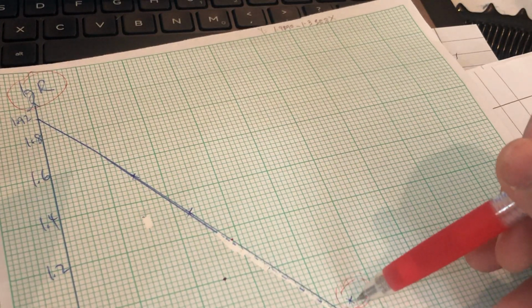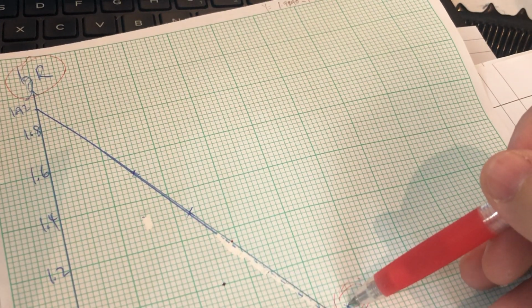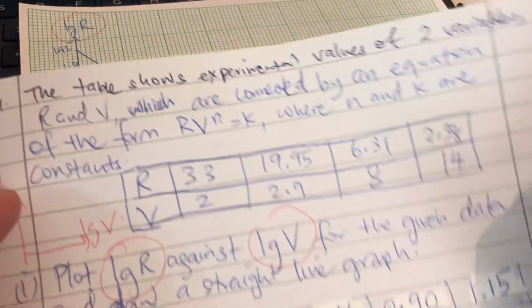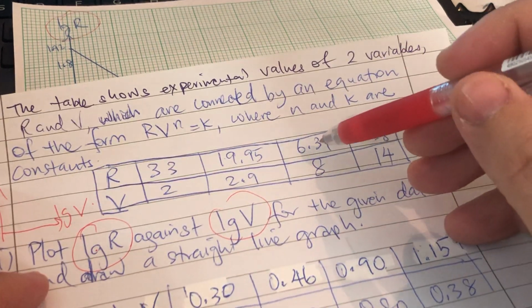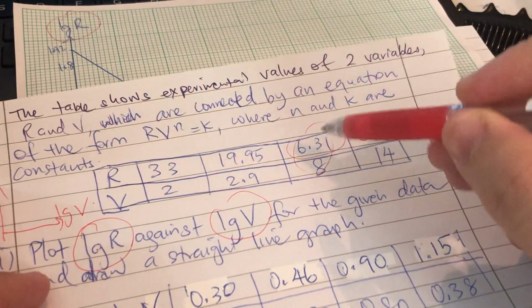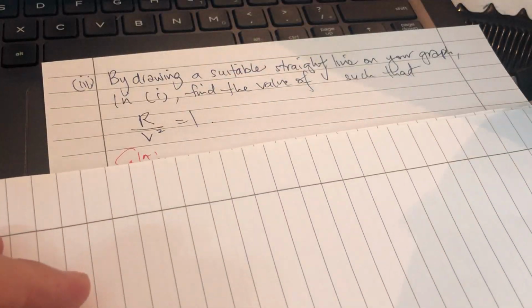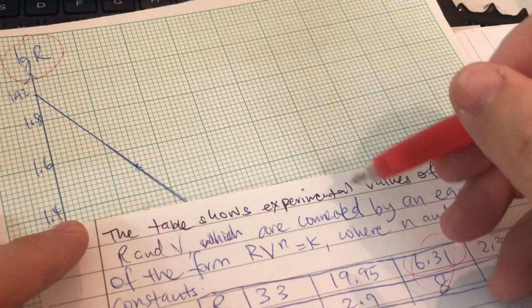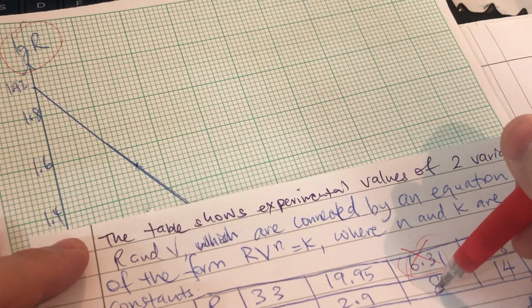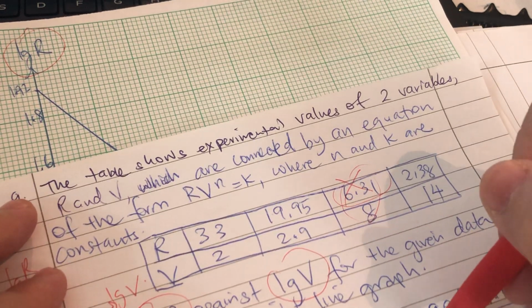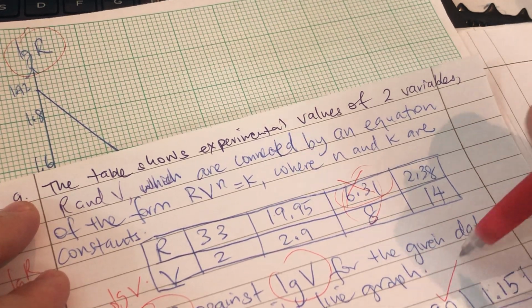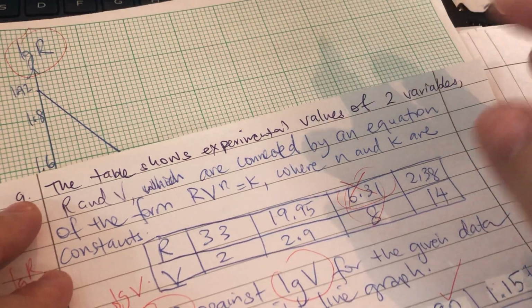Now I see, I use my ruler and match, then I realize that this fella must be the wrong value, which I'm going to state later in part B. Later I ask you what is the wrong value of R. So this R is the wrong one. This V is correct. That means later this fella is the wrong one. This is correct. You must be clear which is wrong, which is right.